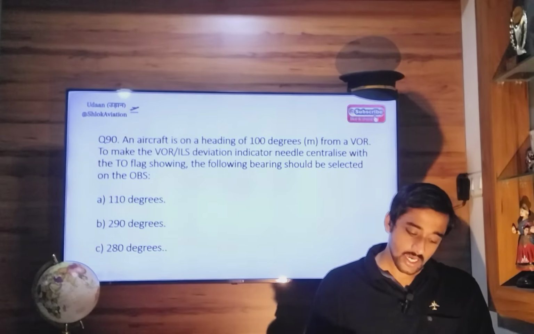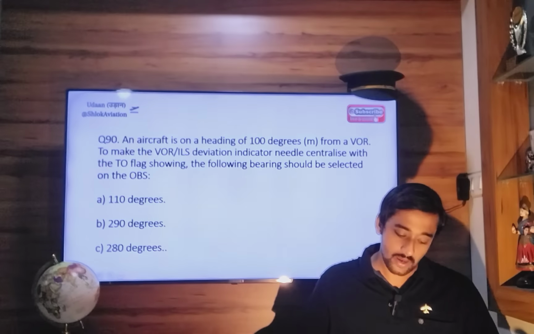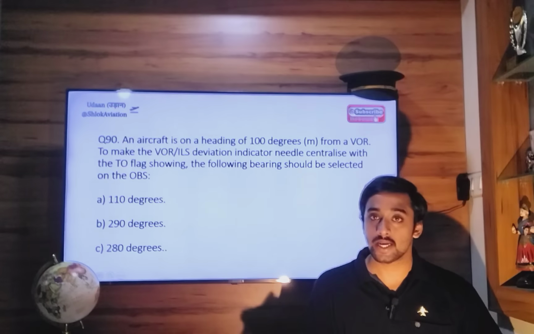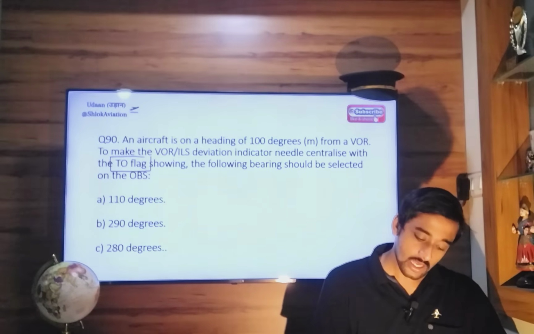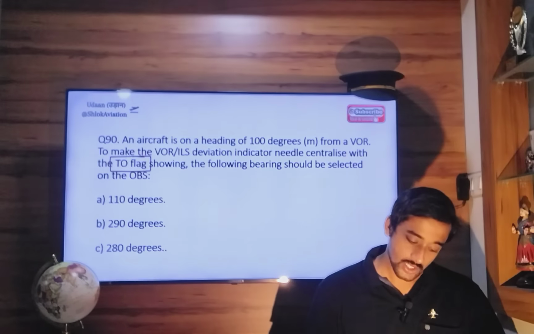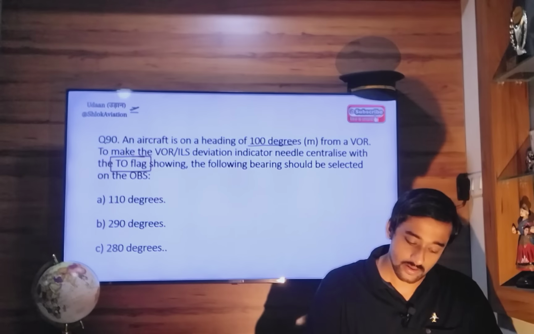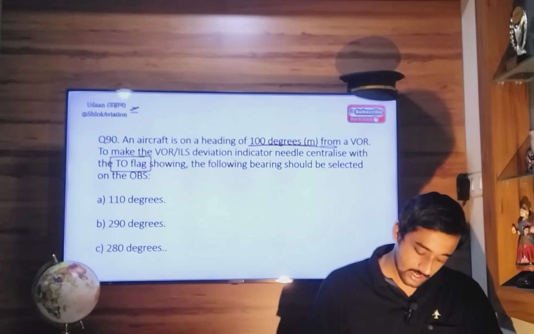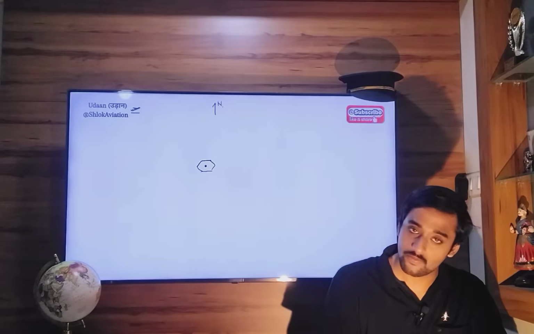Next. Aircraft is on a heading of 100 magnetic from a VOR. To make the VOR ILS deviation indicator needle centralized with the two flags showing, the following bearing should be selected on the OBS. So the aircraft is on a heading of 100 degrees from a VOR. Let's say this is your VOR station. This is the north datum.